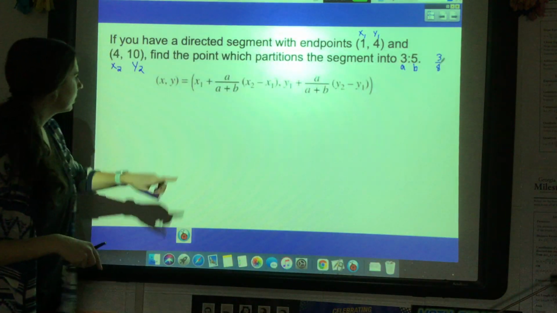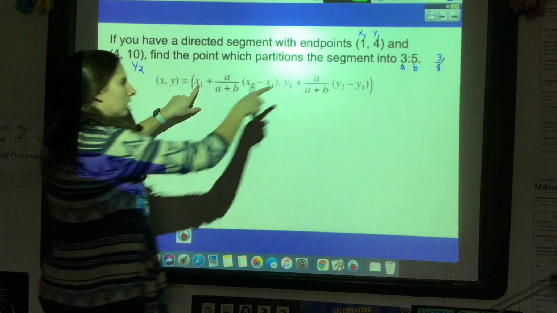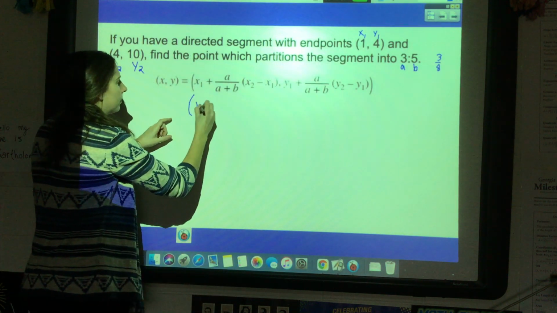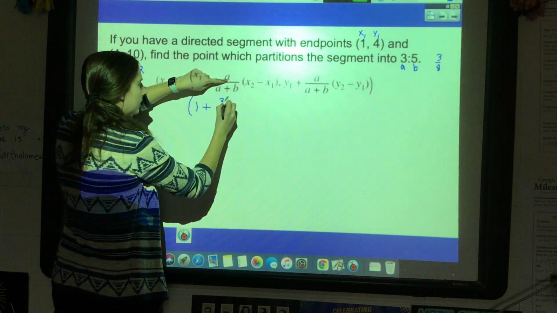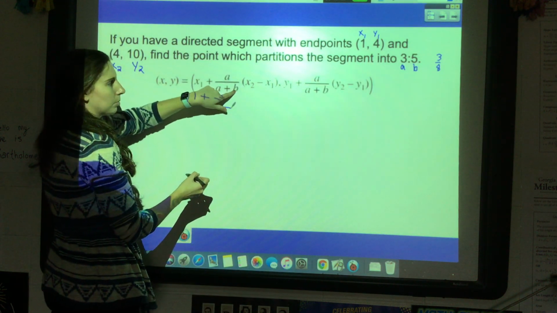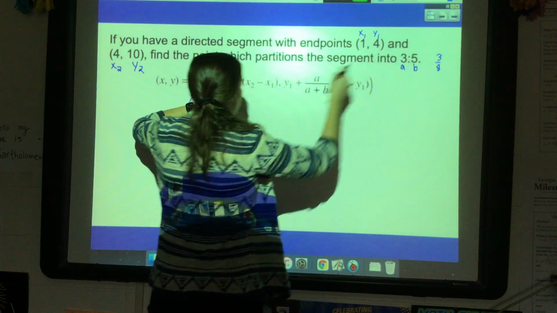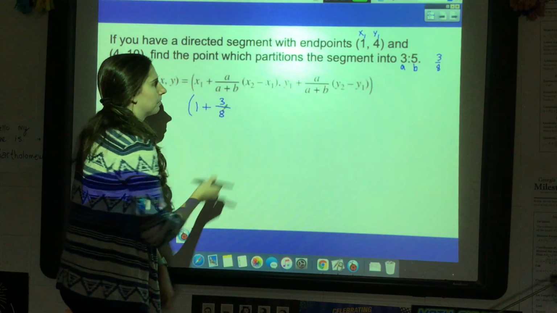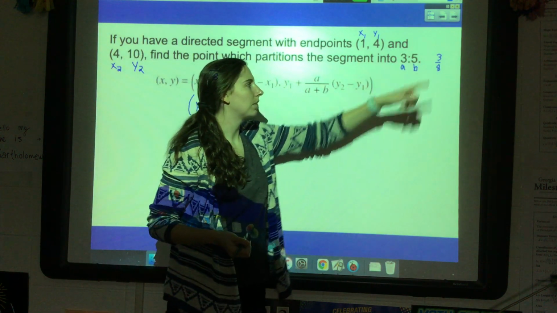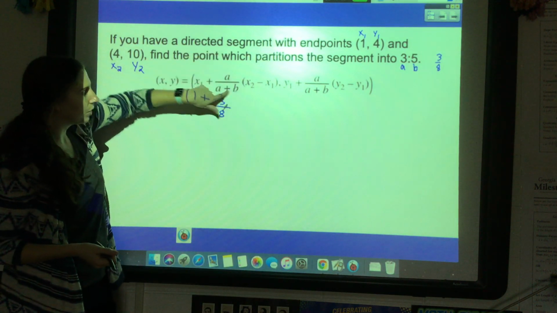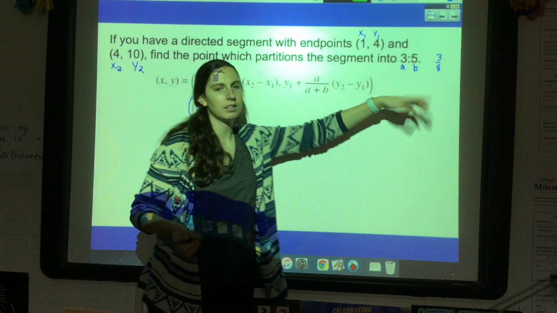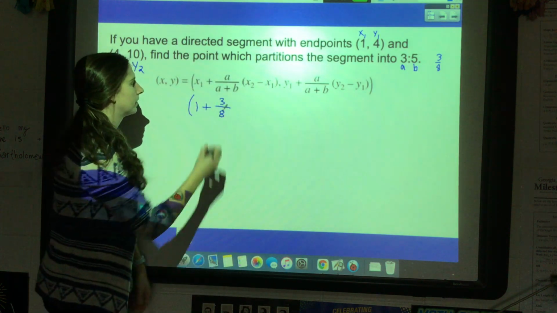So watch, when I plug stuff in, x1 was 1, and then I'm going to do A, which was 3, over A plus B. A plus B was 8, because I just did 3 plus 5. If you want to put 3 plus 5, that's fine. But notice that this little A over A plus B turned it into the 3/8 that I was expecting.